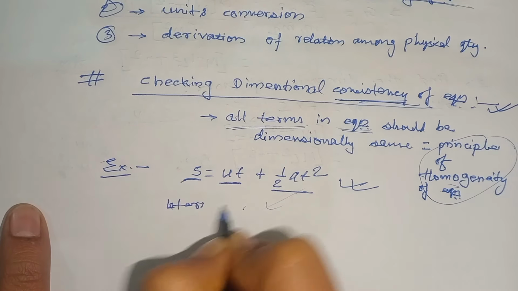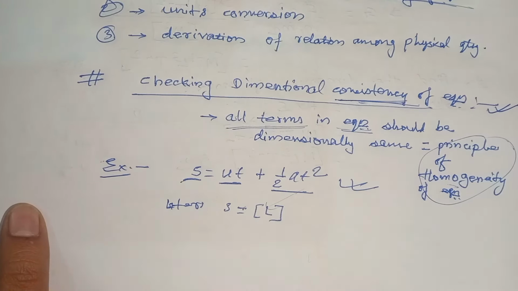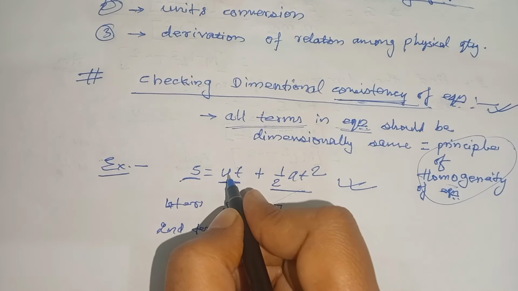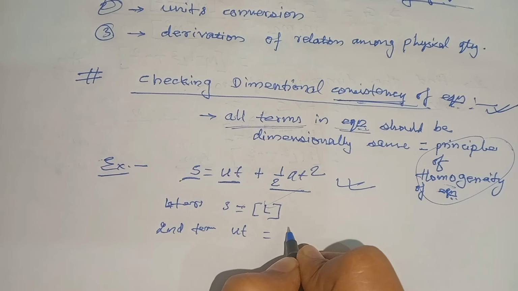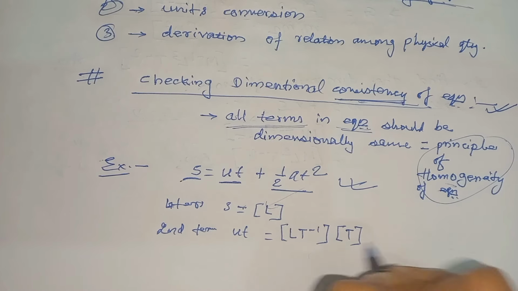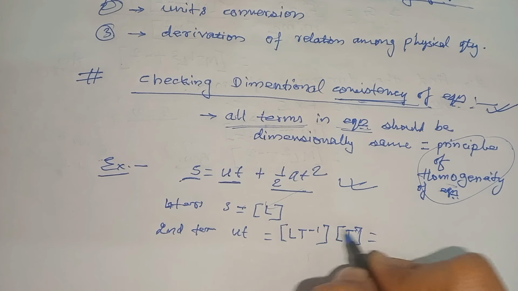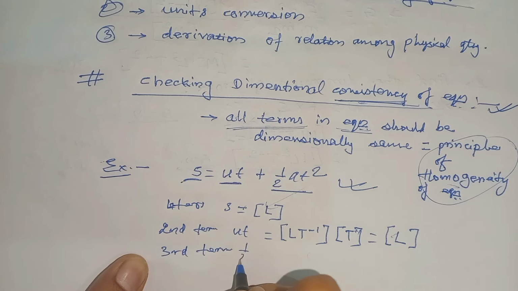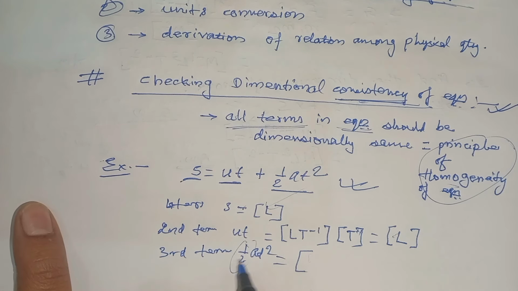So the first term s has the dimension L only. S is a distance, we know. The second term ut: u means velocity, t means time, and velocity you can express as L T minus 1, and then T is this, so it will be minus 1 and plus 1, minus plus cancel, so it is a single L. The third term half at square: half is a constant, so it has no dimension.